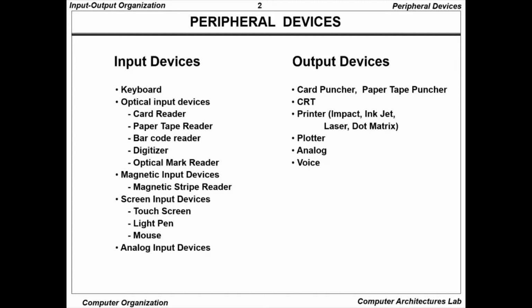These days we are using the optical mouse, card readers, and everywhere we are using these technologies. Digitizer, barcode reader, QR code reader, everything has become technology. Whatever input is fed can be in the form of voice or analog, and the plotter and printer are widely used for taking printouts.